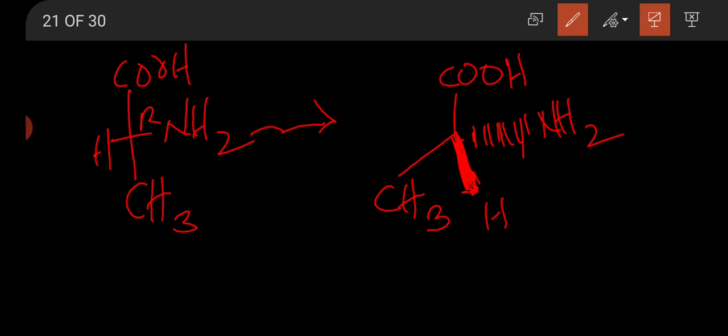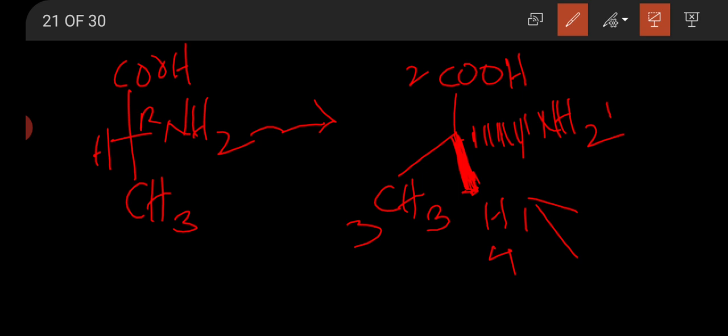To determine the configuration, seeing from this side so that the fourth priority group is above the plane, the first priority is NH2, second priority COOH, third priority CH3, and the fourth priority is hydrogen, which is above the plane.